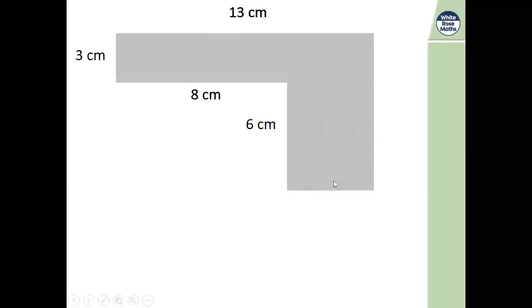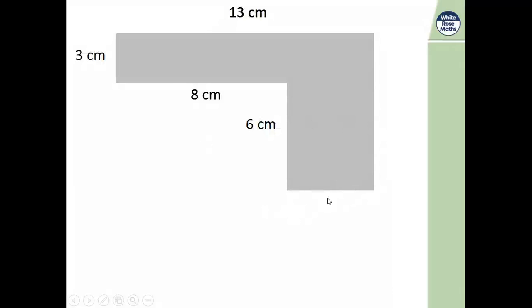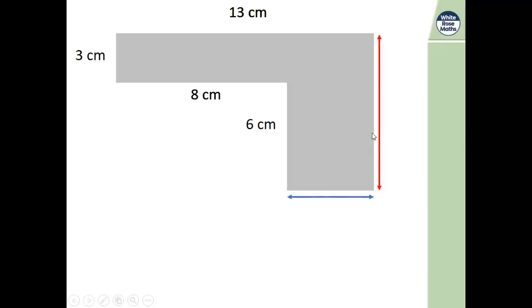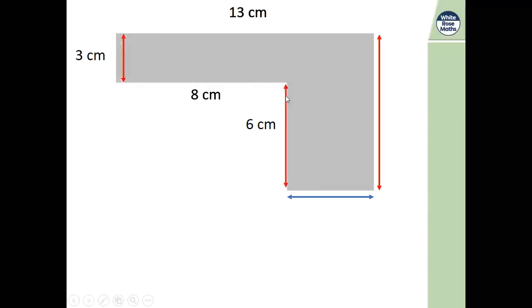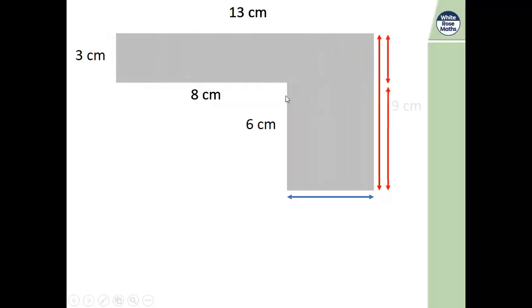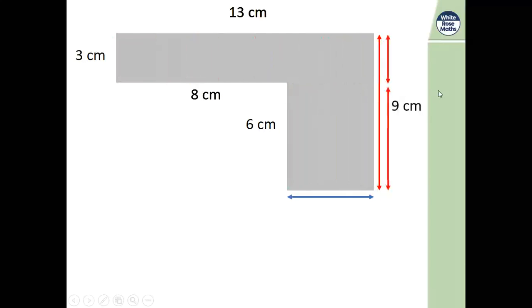In this case, we have two lengths that are missing, over here on the right hand side and on the bottom, and then we would have to look at the parallel sides again. If we look at this length on the right hand side, we would notice that we have two parallel lengths on the left. If we add both of them up, we would find the missing length on the right.